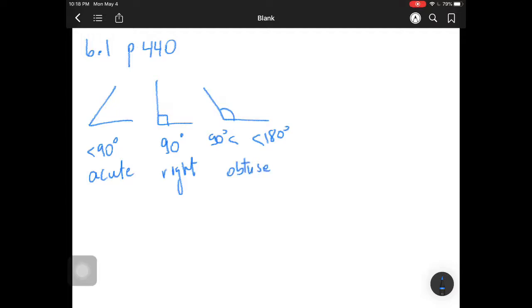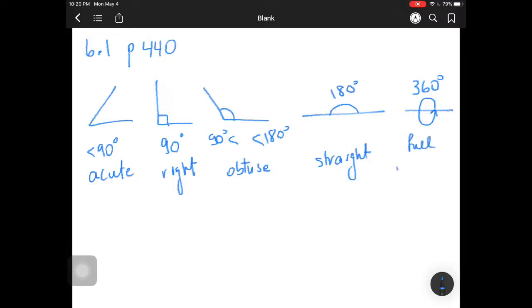An angle that is 180 degrees, we call it a straight angle. And obviously the full rotation, which is 360 degrees, is called full rotation.